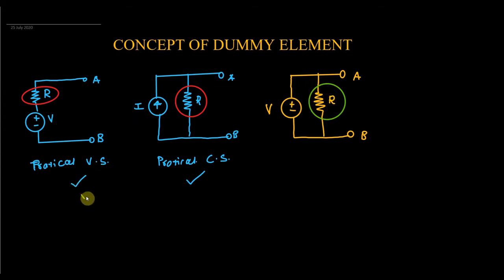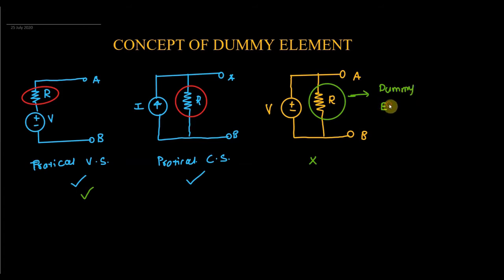I have already marked the tick here. This is the correct circuit. So definitely this circuit is not a correct circuit. Why? Because the resistance should come in series with the voltage source. Here what we have seen is that the resistance is coming in parallel. So definitely this resistance R is actually treated as a dummy element.